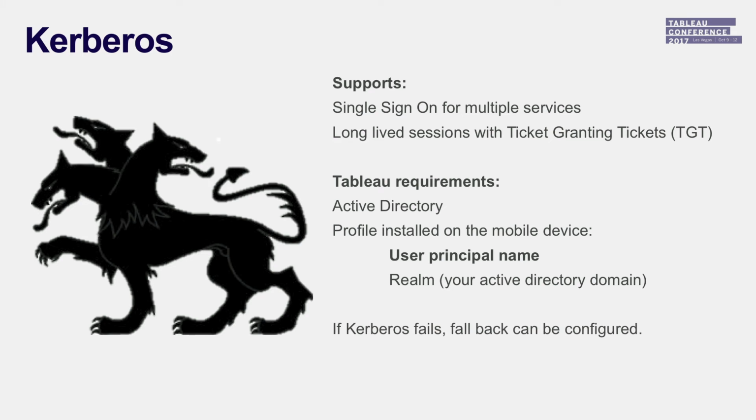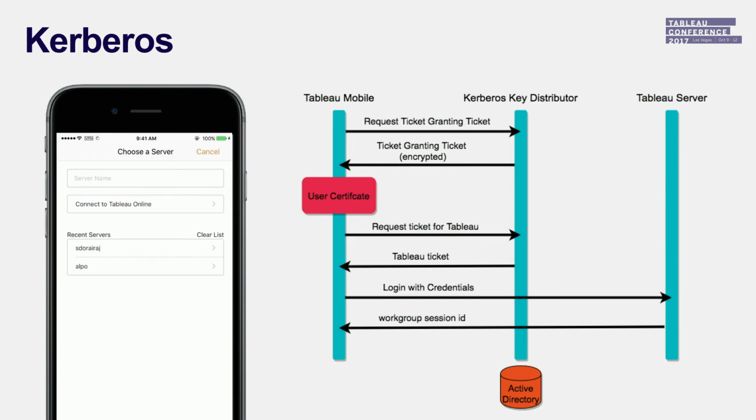If Kerberos fails, a fallback can be configured. A fallback can be configured to either SAML or local auth, or simply nothing. In Kerberos, the user certificate has the user principal name and information about the realm. So there's no need to enter username and password here.